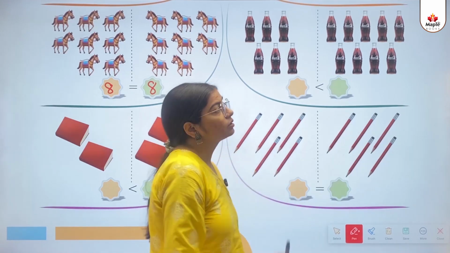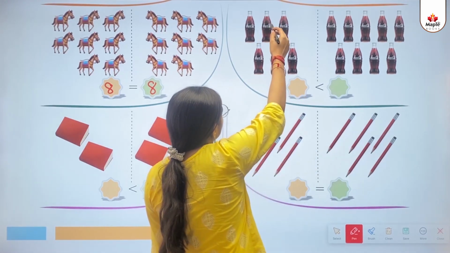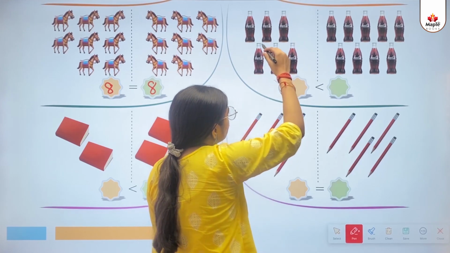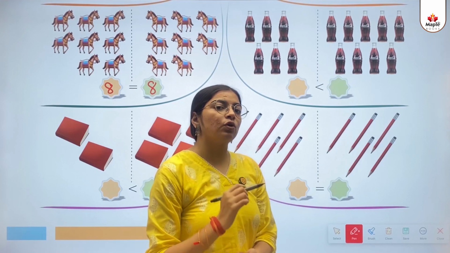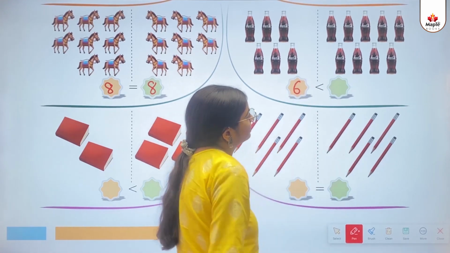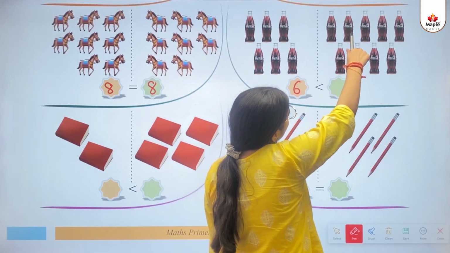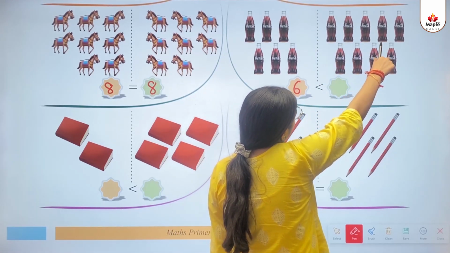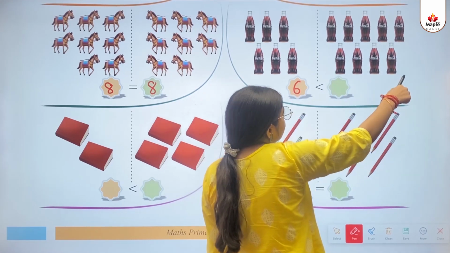So, in this part of the question, kids, as you can see, this part is also divided into 2 sides. So, we will count side by side. 1, 2, 3, 4, 5, 6. So, there are 6 cold drink bottles. So, we will write here 6. And on the other side, there are 1, 2, 3, 4, 5, 6, 7, 8, 9.